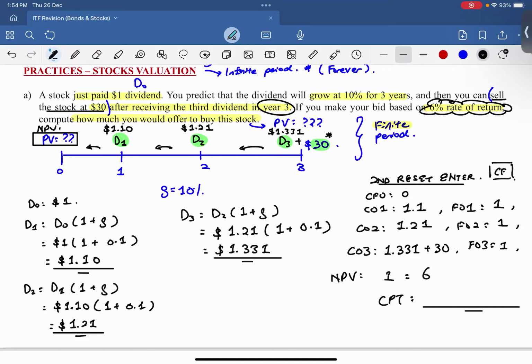Then press NPV, then 6, enter, then press compute. So you will be able to get 28.42. That is your answer.